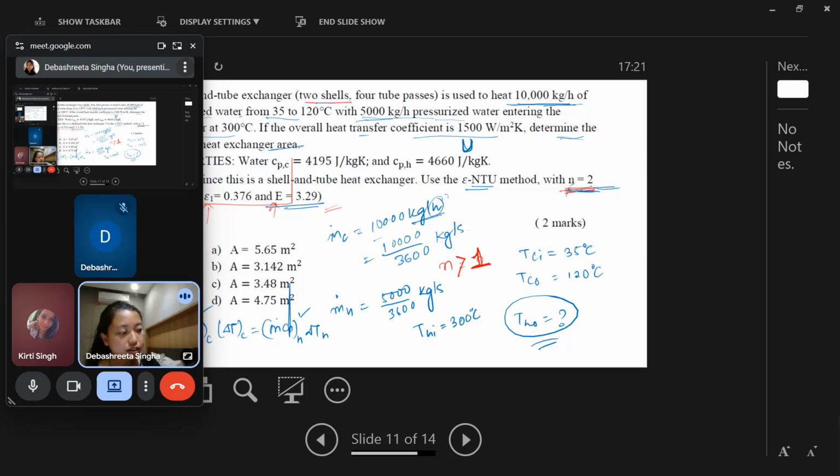These are just to find out the temperatures, okay? Whatever heat exchangers there are, there are inlet and outlet temperatures of hot fluid and inlet and outlet temperatures of cold fluid also. LMTD is used to find out those temperatures, and you can use the NTU method also.